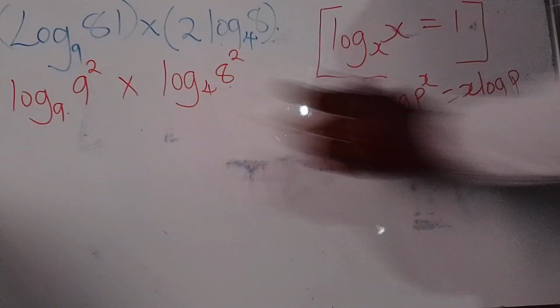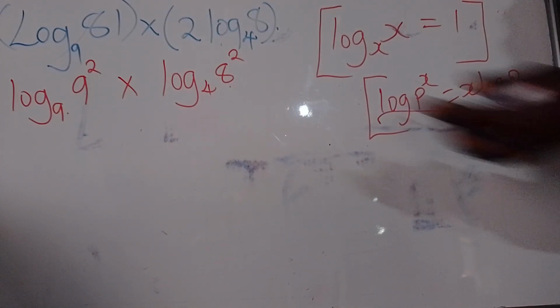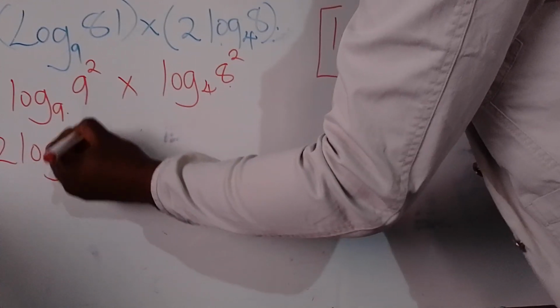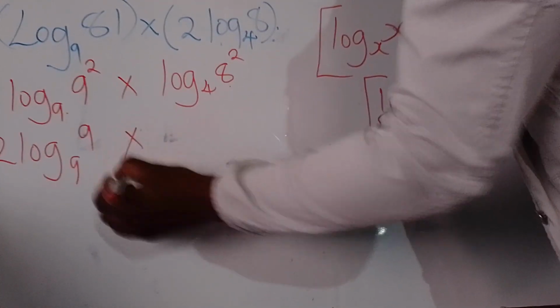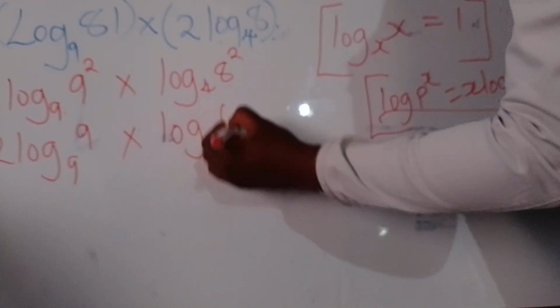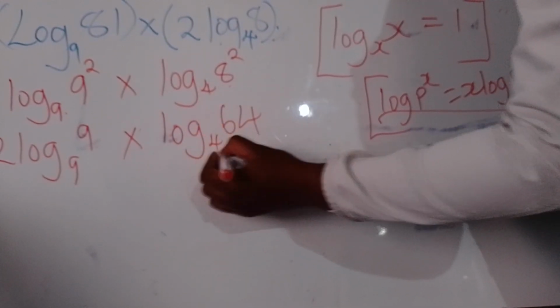Then applying this principle, we have 2 log 9 to base 9 times log 64 to base 4.